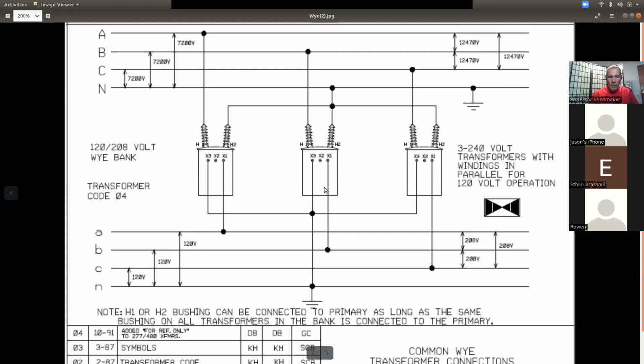Now, there is something to note. These are 120, 240 volt transformers that we converted to 120, but you'll notice the output right here. What's my output when I'm finished? 120, 208. Does that mean all the equipment inside my business needs to be working on 208? No. So I can take a 240 volt refrigerator and it would work okay?